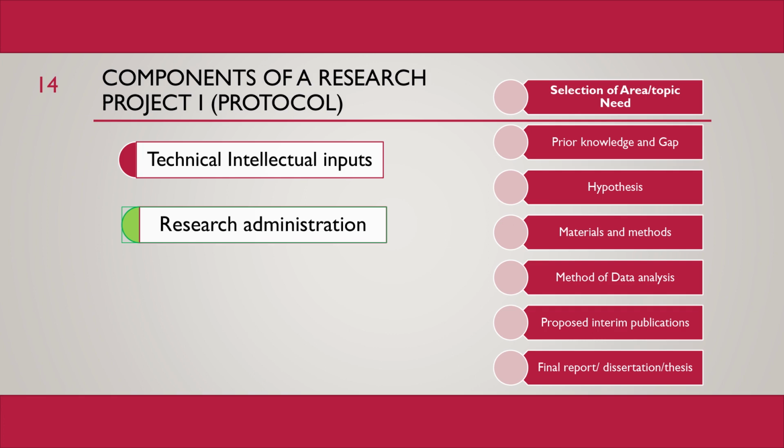We are masters in our subjects, areas, so we know the problems, the issues which we face in our area. So selection of area or topic, the need for this particular research, prior knowledge about that topic, the gaps which we have identified over time, we all are well acquainted with all of this.